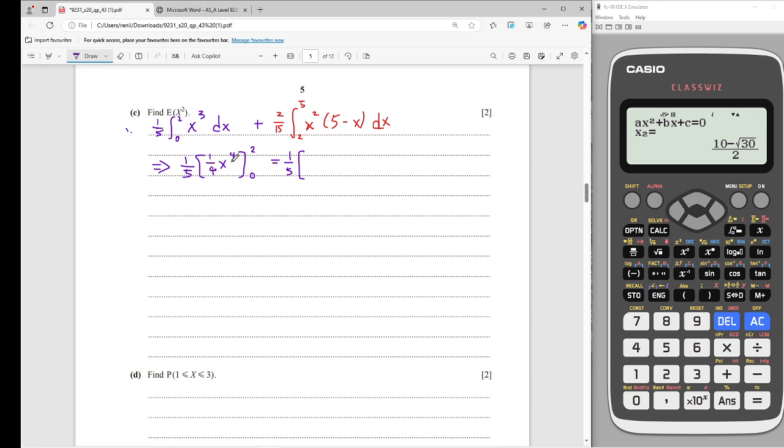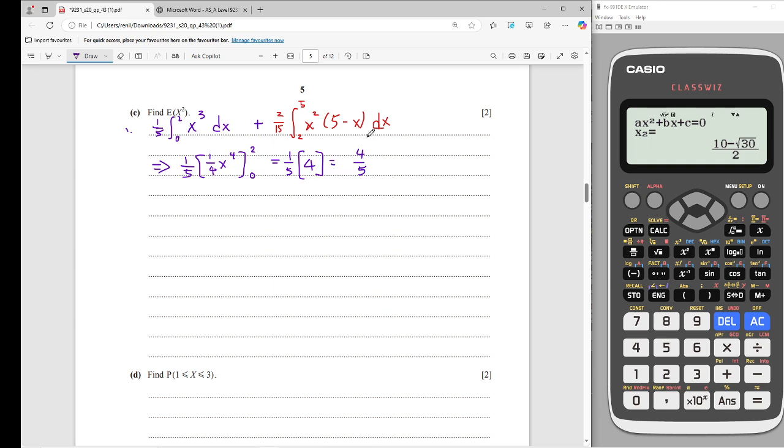So that means 16 over 4 gives 4. So we have here 4 when you plug in. And we subtract that when we plug in the value of the lower limit, which is 0. 0 to power 4 times 1 by 4 is 0. So we can close our bracket and leave it be like this. And therefore our first value when integrated with our limits is 4 by 5.